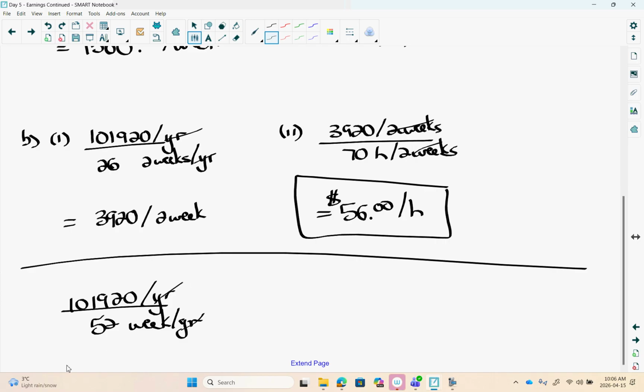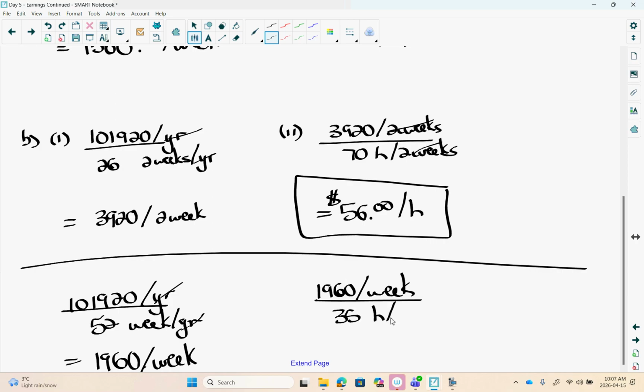Those cancel, and that gives me 1960 every week. And then you would go 1960 per week, and you'd only divide that by how much? If they work 70 hours in 2 weeks, yeah, you'd work 35 hours in 1 week. Those would cancel. What's 1960 divided by 35?